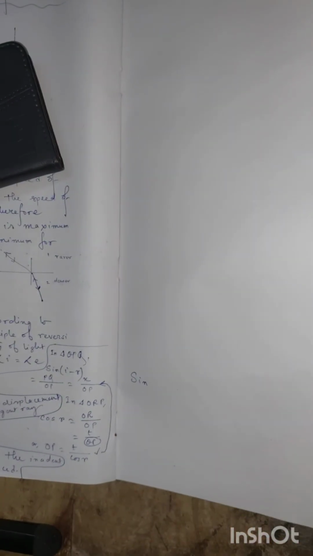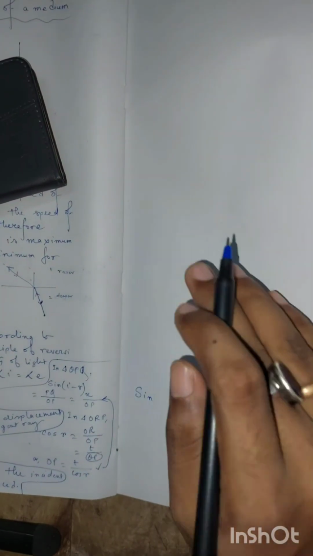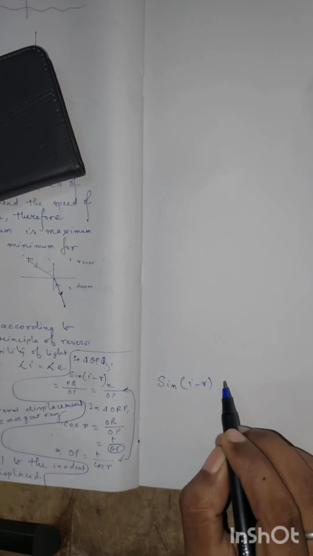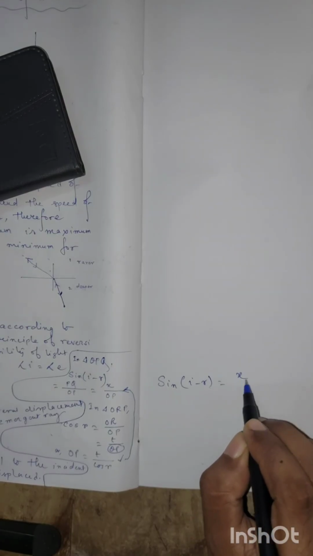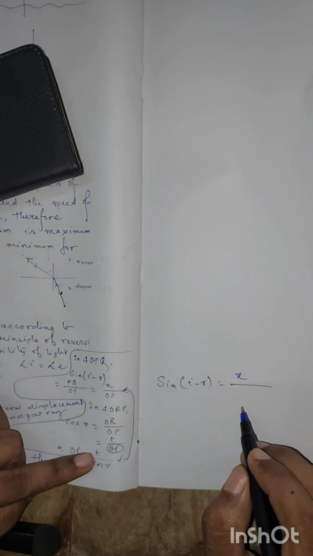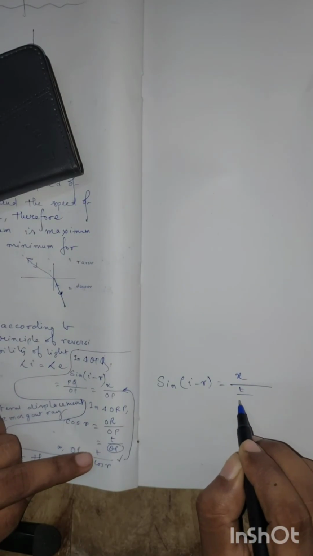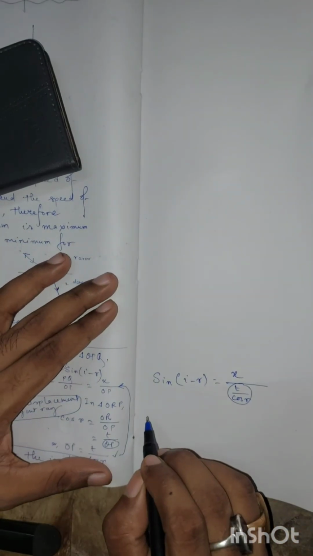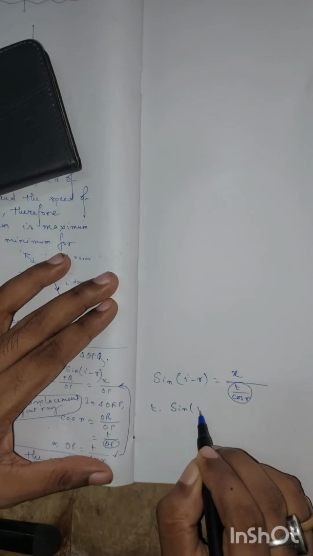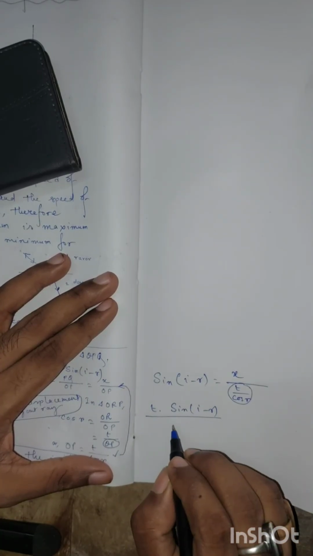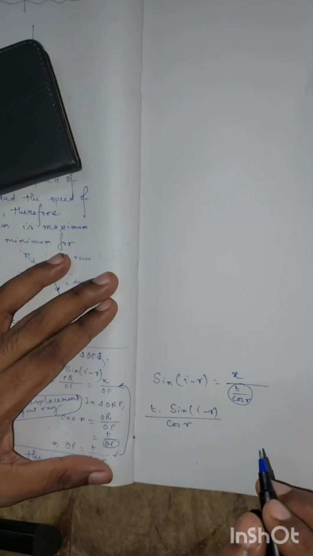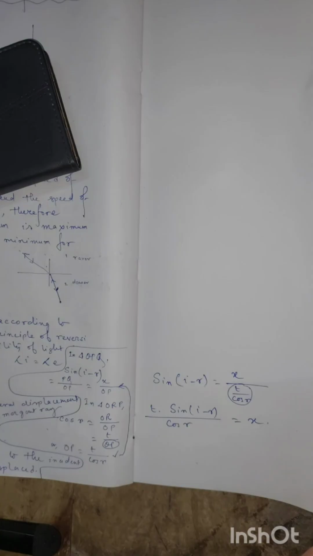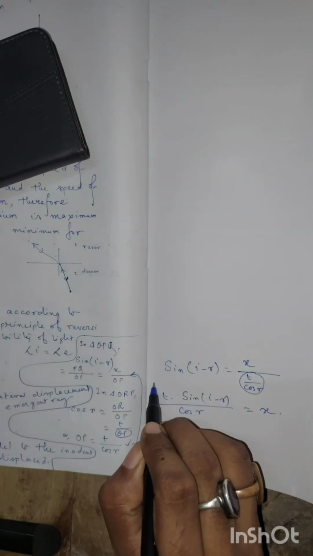So we are getting sin(I minus R) is equal to X by, in place of OP we can write t by cos R. Now if we transfer this quantity to the left side, we get t into sin(I minus R) by cos R is equal to X. So this is the value of lateral displacement.